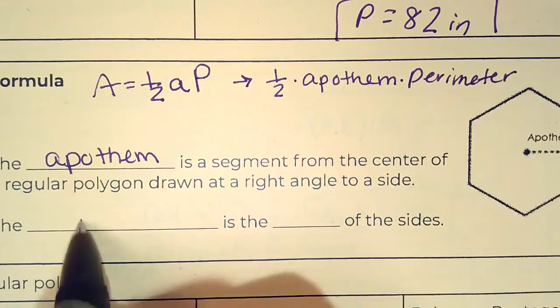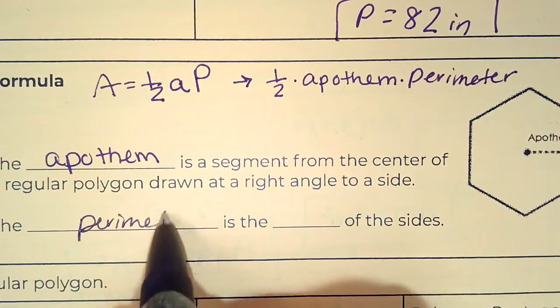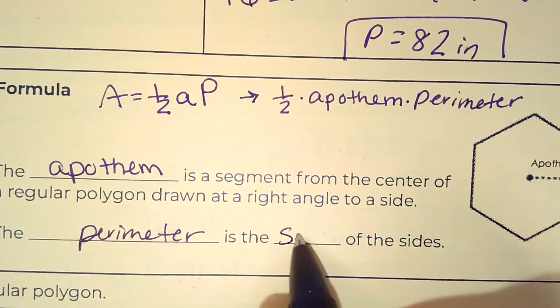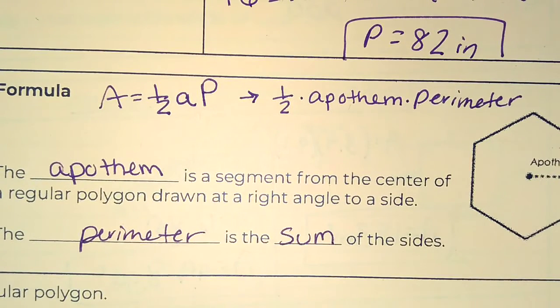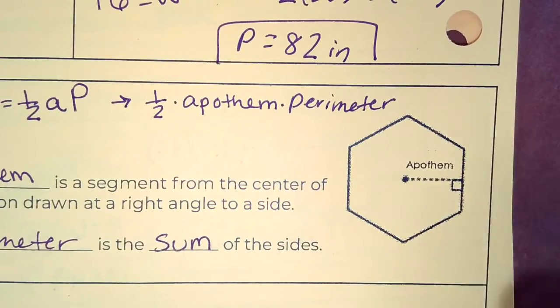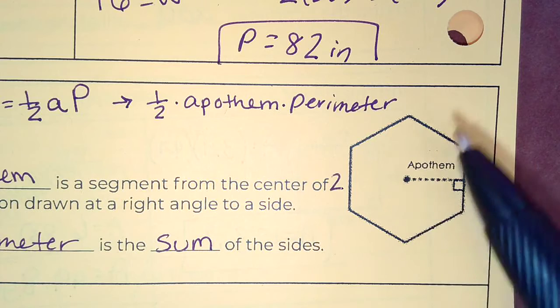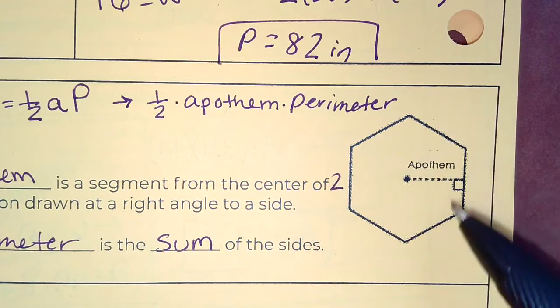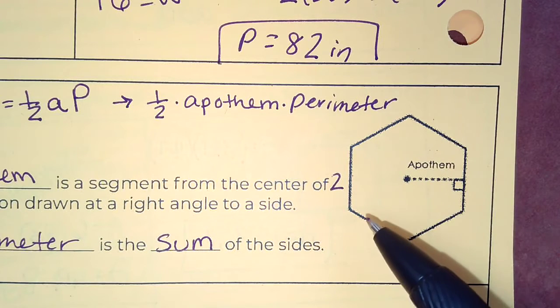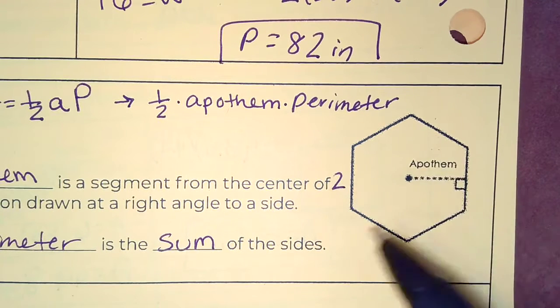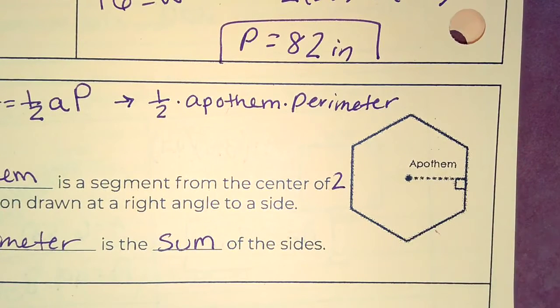And the perimeter is the sum of the sides. So if I had told you that this side is 2, well, could you find the perimeter? Yeah, you could say 2 plus 2 plus 2 plus 2 plus 2 plus 2. Or, well, how many sides are there? 1, 2, 3, 4, 5, 6. We could just do 2 times 6 and get 12.